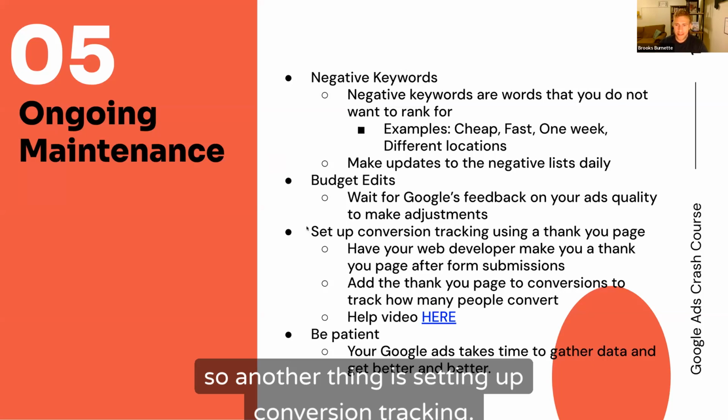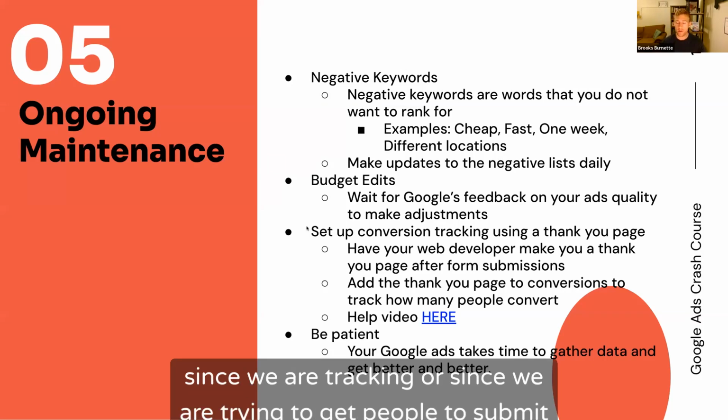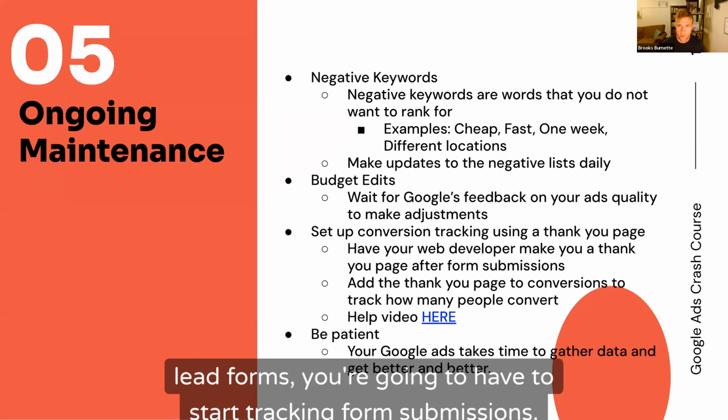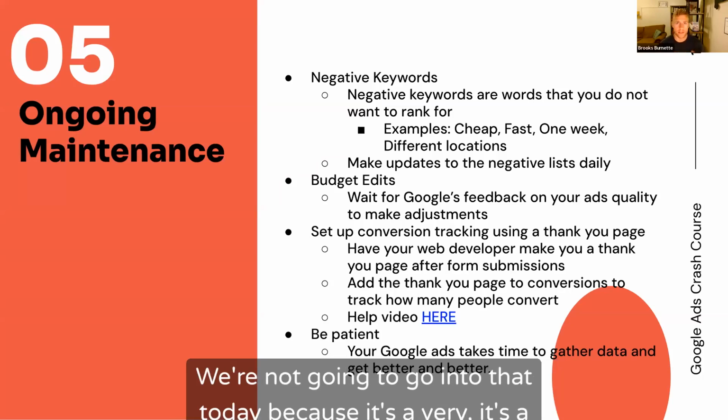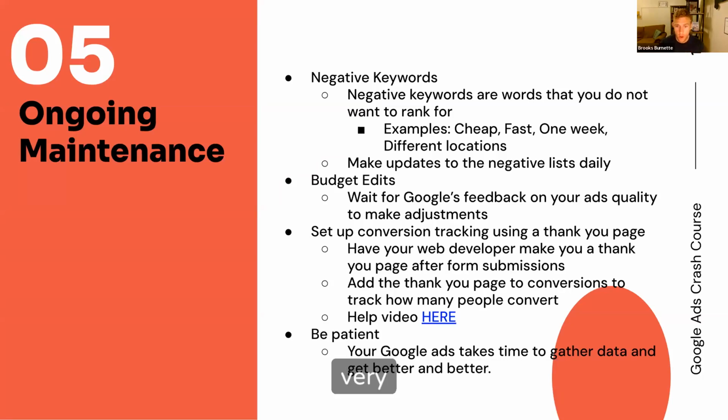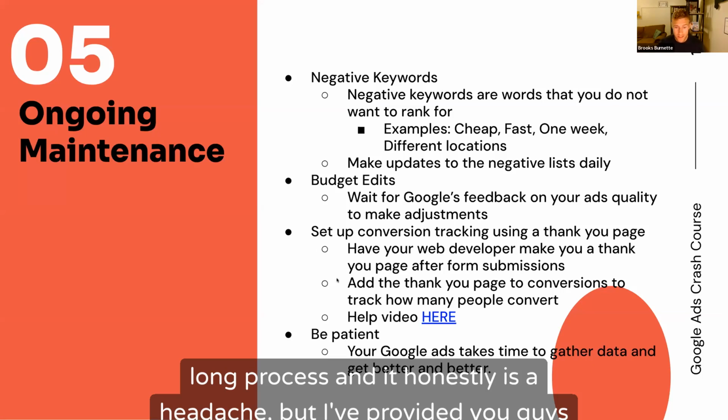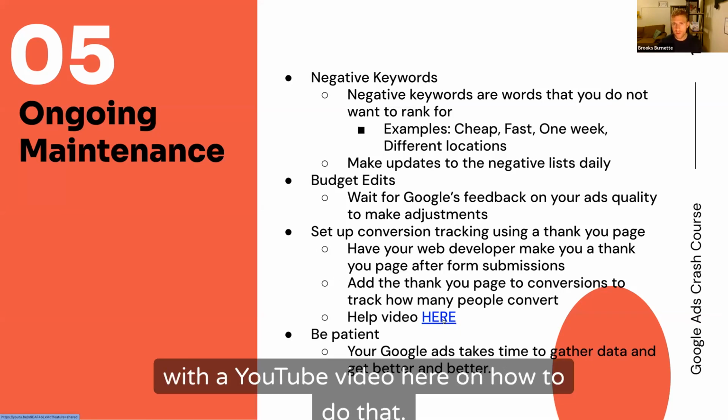Another thing is setting up conversion tracking. Since we are trying to get people to submit lead forms, you're going to have to start tracking form submissions. We're not going to go into that today because it's a very long process, and it honestly is a headache. But I've provided you guys with a YouTube video here on how to do that.